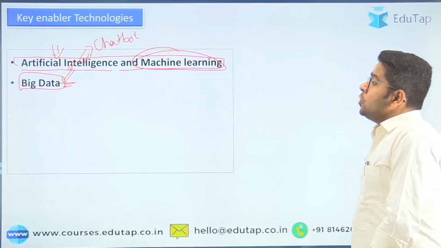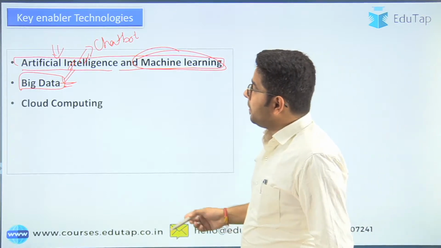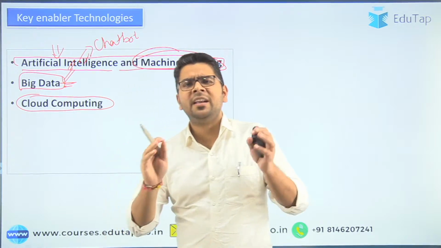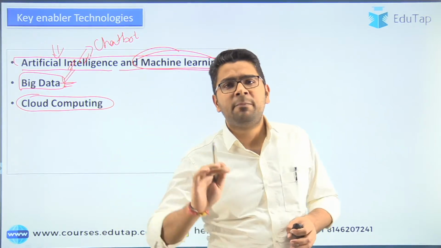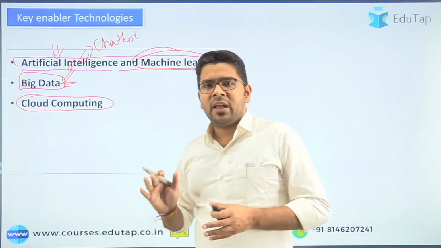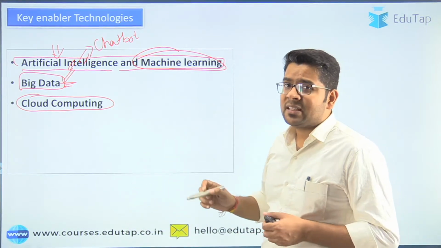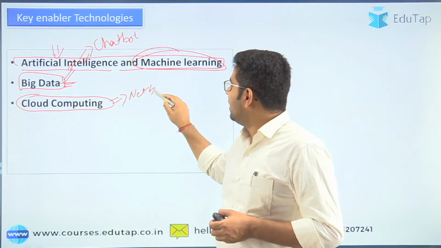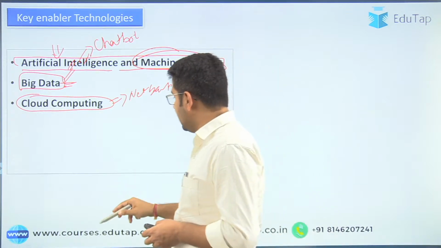Now coming to the third one, which is cloud computing. In very simple terms, cloud computing is the application of the internet. You just apply the internet and you can avail financial services. One example could be net banking.